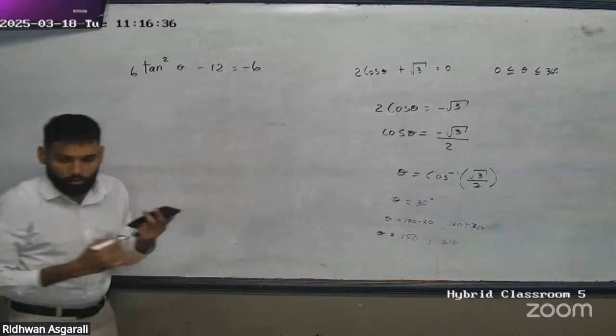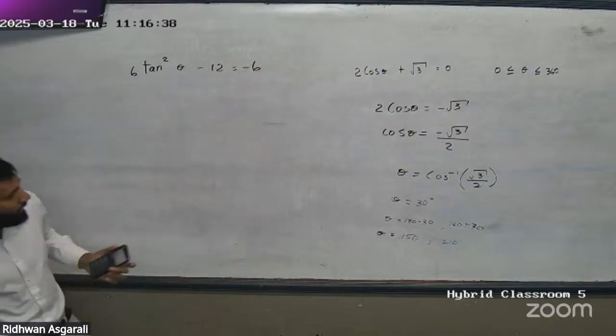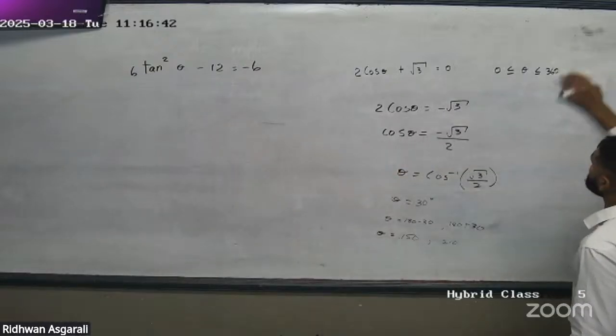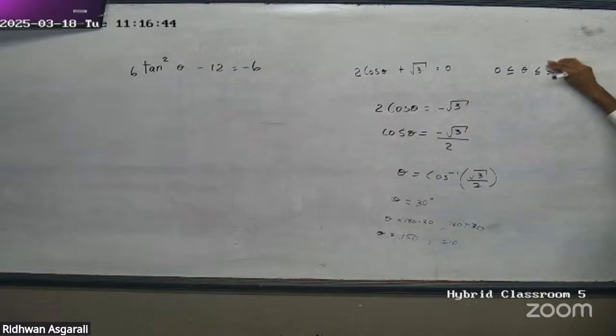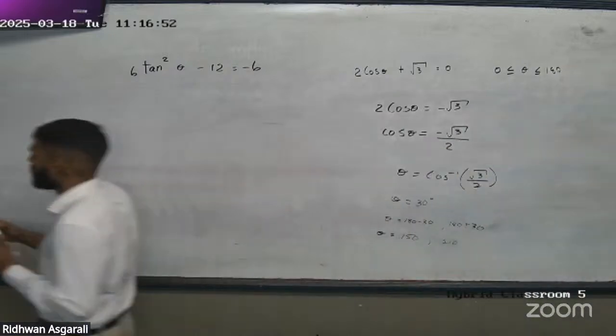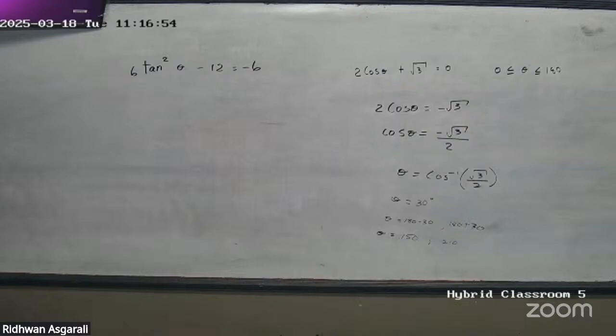Right, one thing before we move on. If I change this range, instead of 0 to 360, to between 0 and 180, which quadrants is 0 to 180? Quadrants 1 and 2.